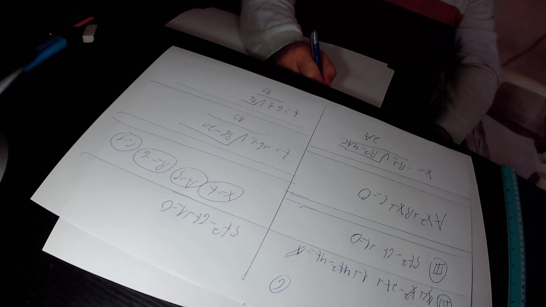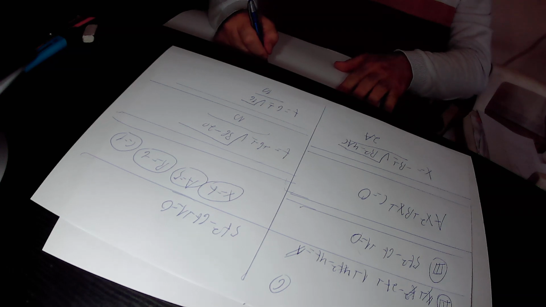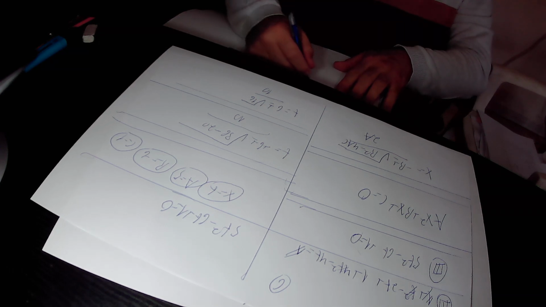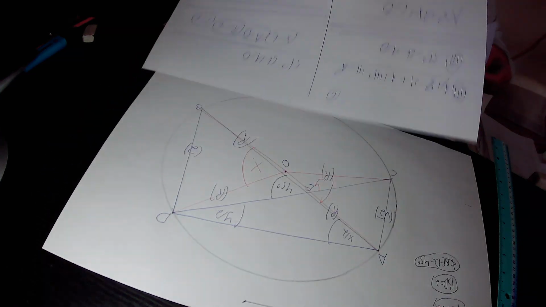The square root of 16 is 4, so t equals 6 plus minus 4 over 10.